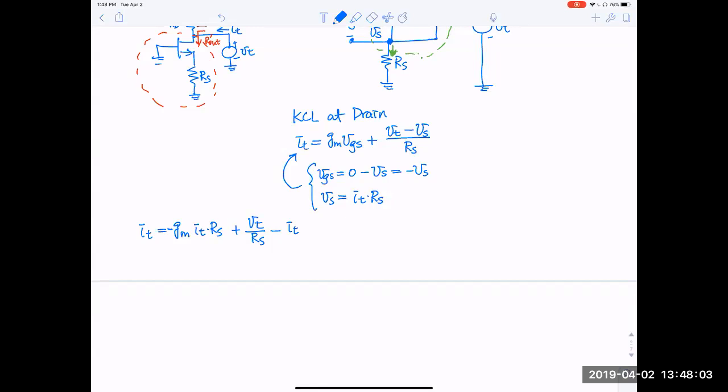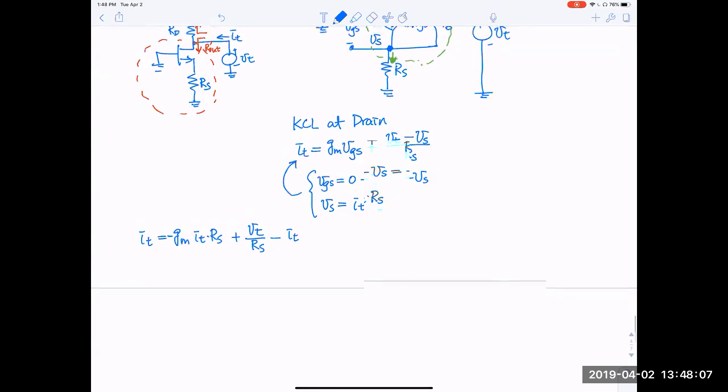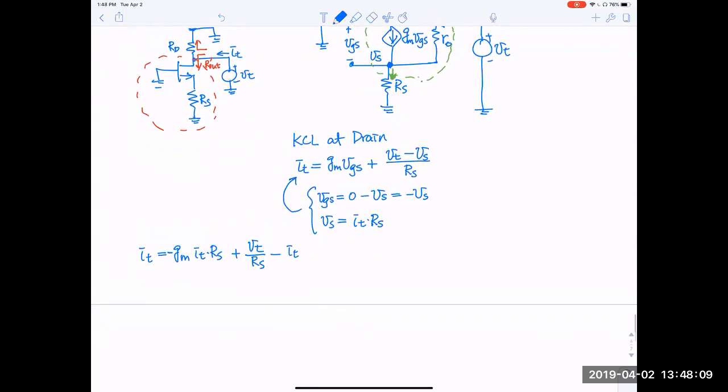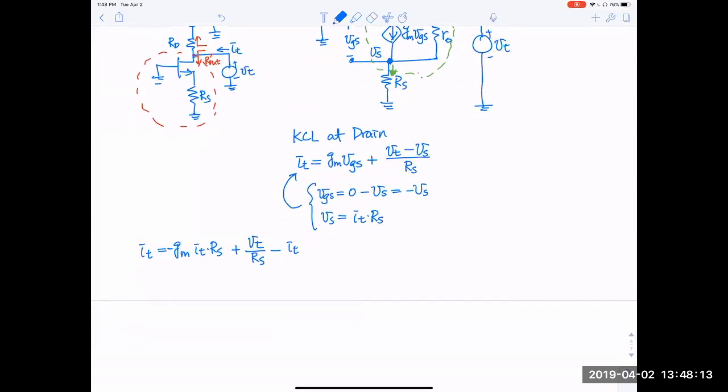So VS here. So here is IT, okay. Let me erase this part. So this is VT minus VS minus IT RS and divided by RS.